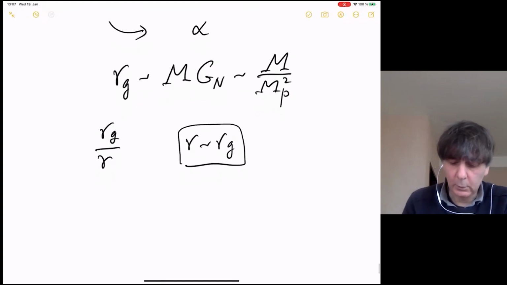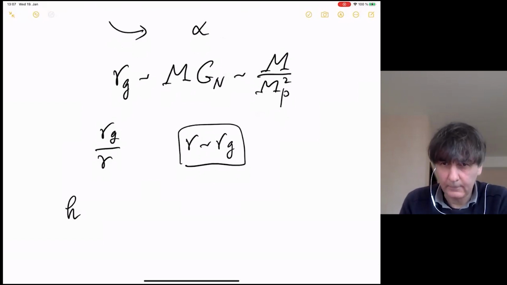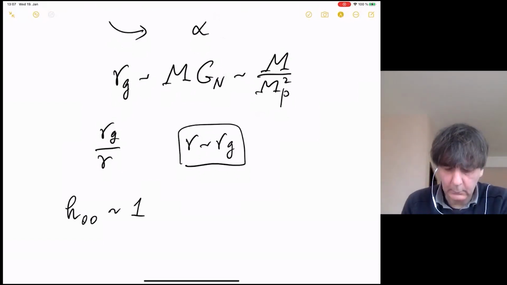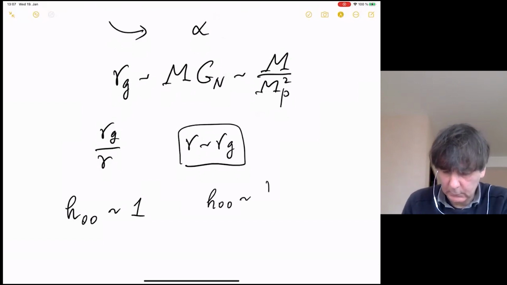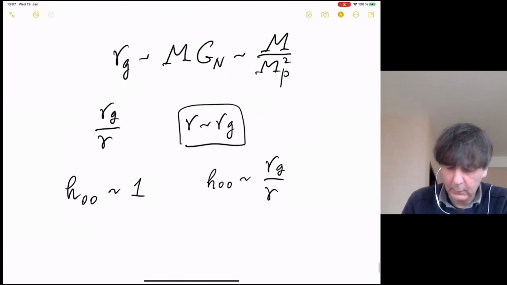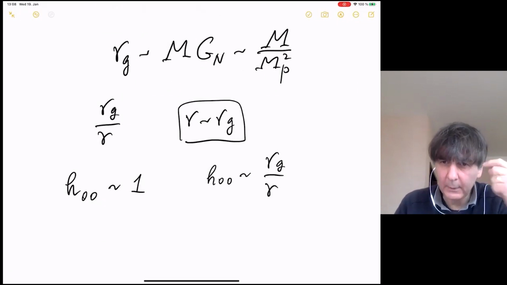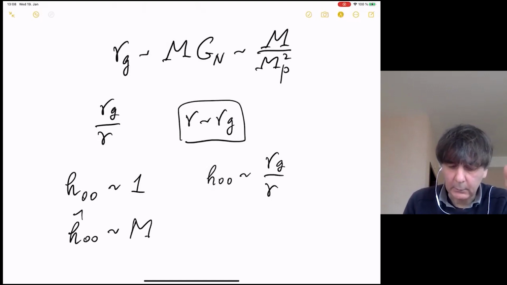The signal for this is that the non-canonically normalized graviton field becomes order 1, because remember H00 was of order Rg over R. In the language of a canonically normalized graviton, this means that the canonically normalized graviton field becomes of order m Planck.